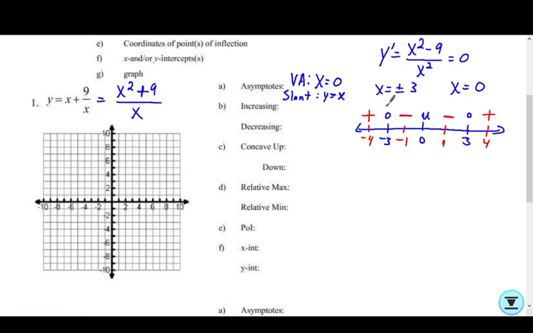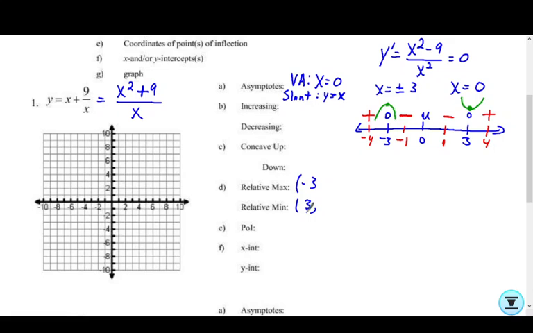At negative 3, my function goes from increasing to decreasing. There is no 0 at x equals 0, so we don't have a maximum or minimum there. But at positive 3, we go from decreasing to increasing. So this is a relative max at negative 3 and a relative min at 3.